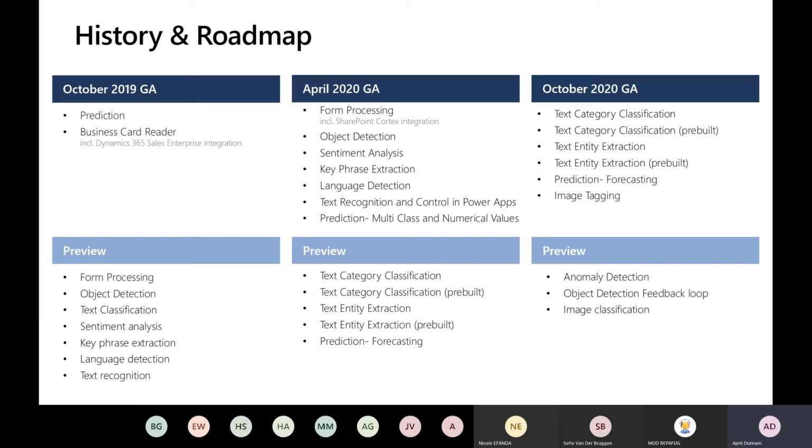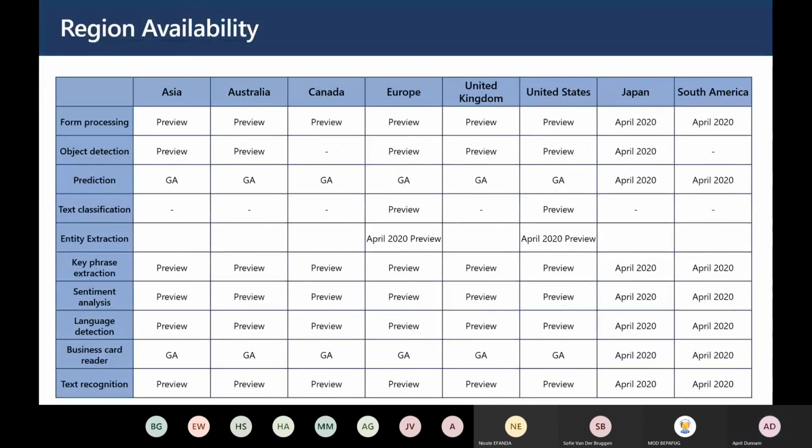And looking ahead in the Wave 2 release notes for Power Platform, you might have noticed there were a few AI Builder updates coming just next month, hopefully, to make text category classification, entity extraction and prediction forecasting, and image tagging generally available, and preview features for anomaly detection, image classification, and object detection feedback loop. So that's what's coming ahead for AI Builder.